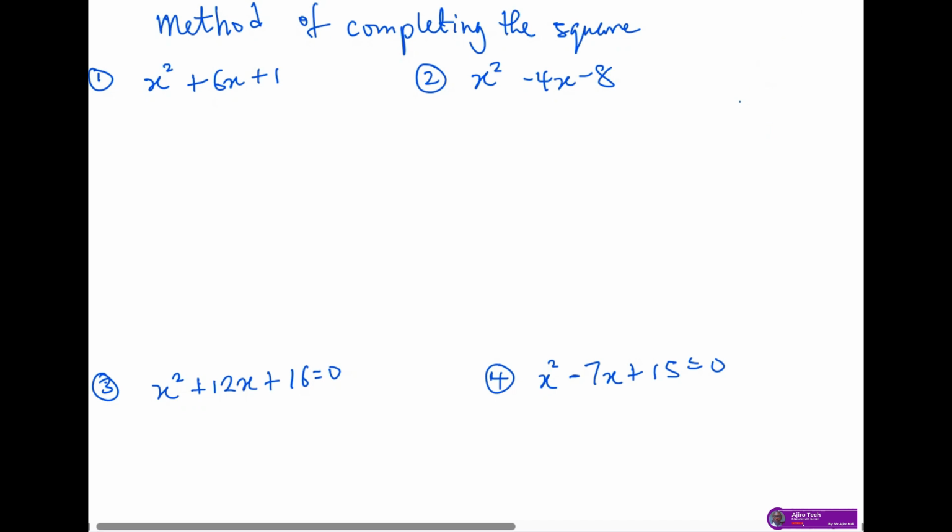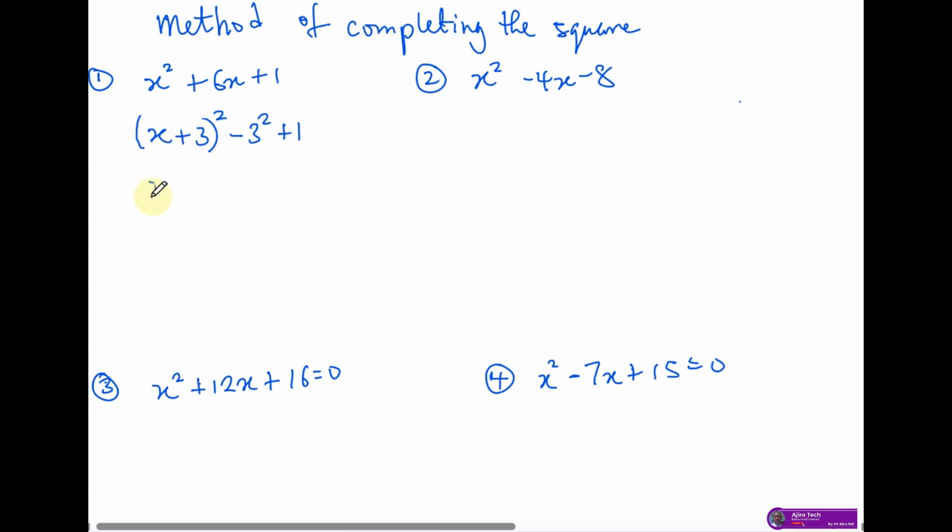Now, to solve this, let's start with number 1. You can only solve by completing the square where the coefficient of x squared is 1, and that's the case here, right? So we can solve from here. What we do is we write x, open bracket, x, sign plus, half of 6 is 3, squared, minus that same 3 squared, plus 1.